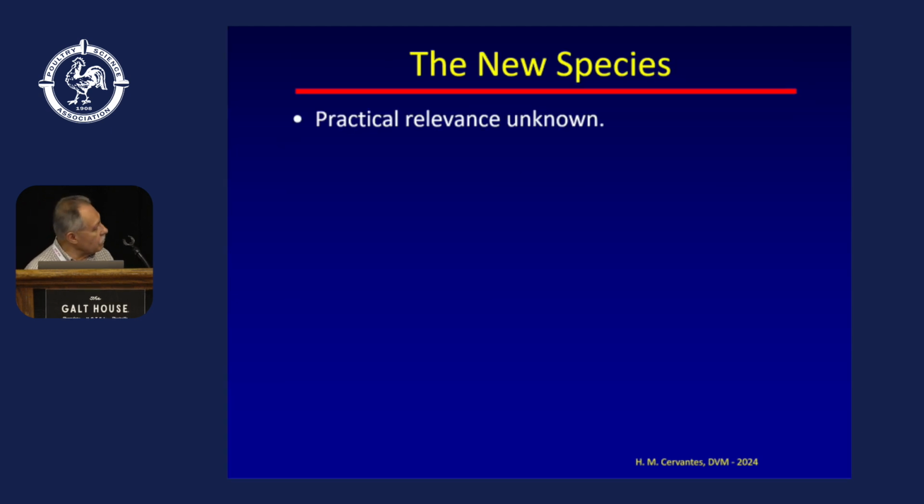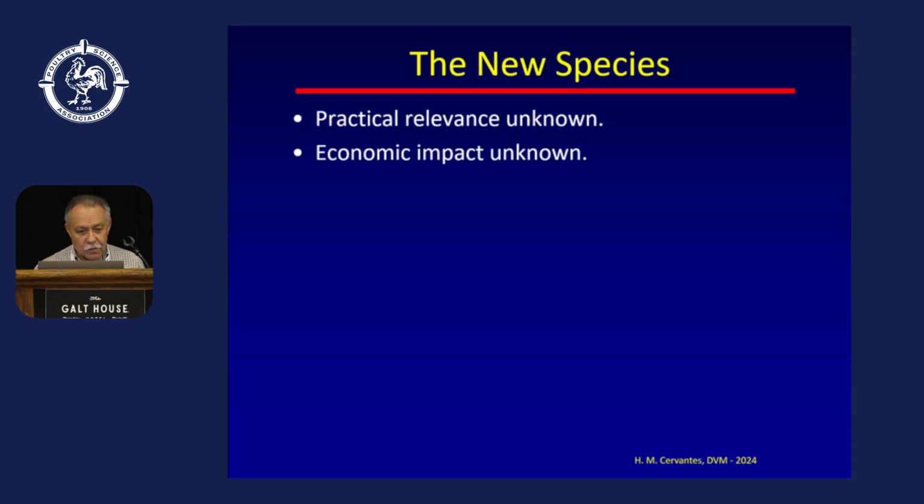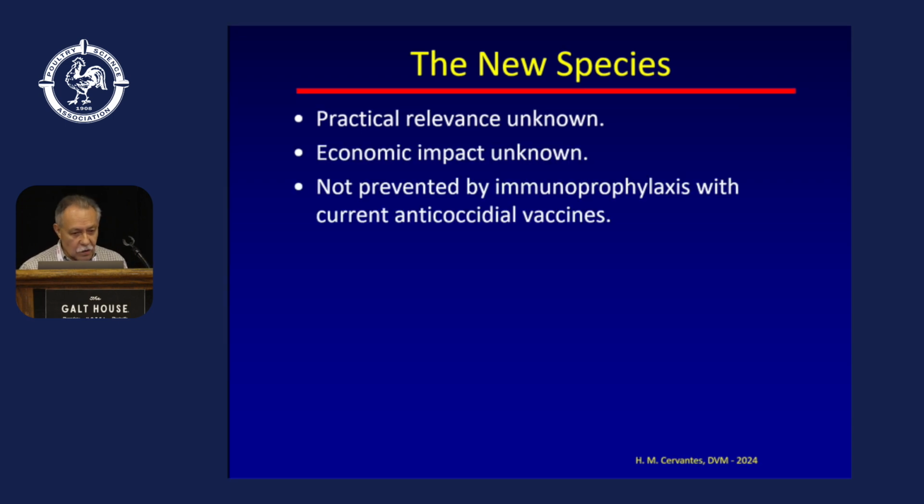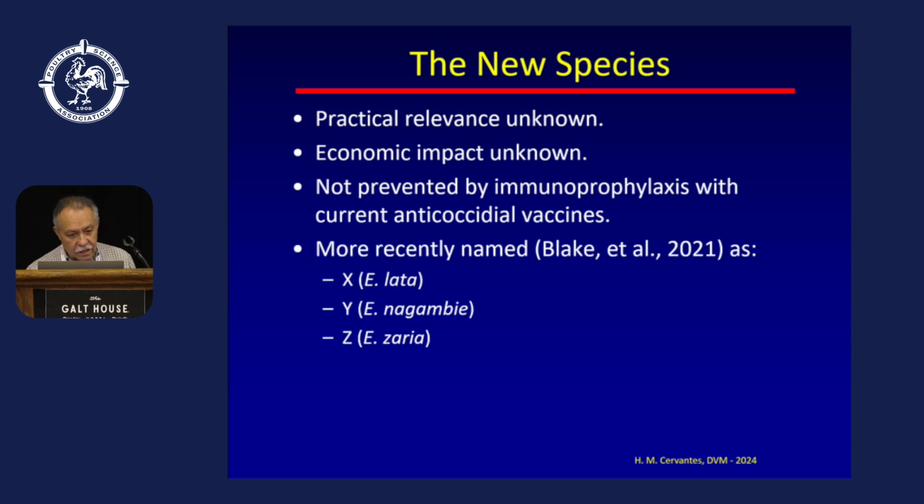Now, I want to alert you about the new species, which most of you already know. Their practical relevance is unknown. Their economic impact unknown. They're not prevented by immunoprophylaxis with current anticoccidial vaccines.